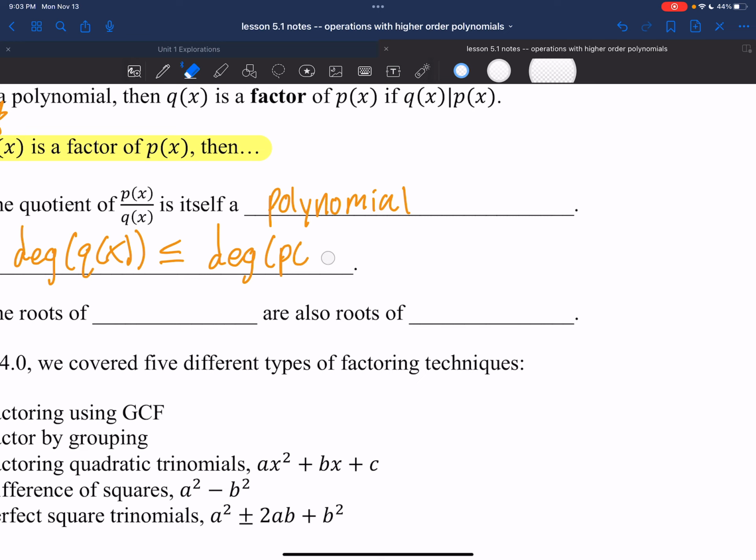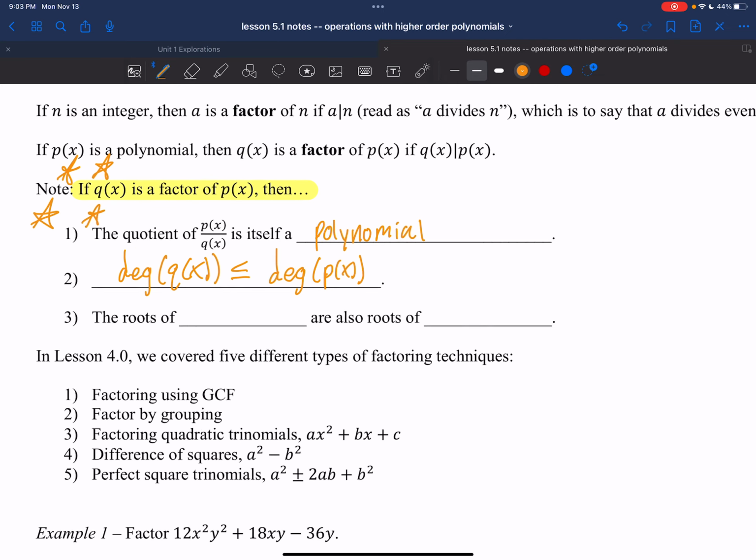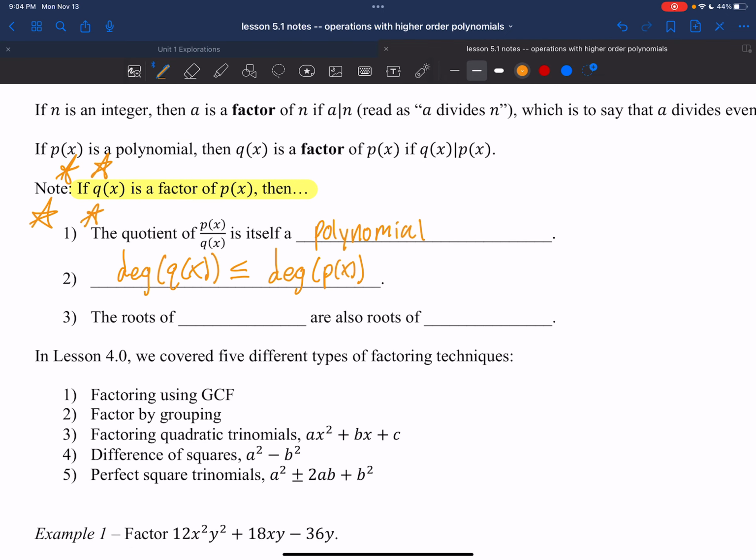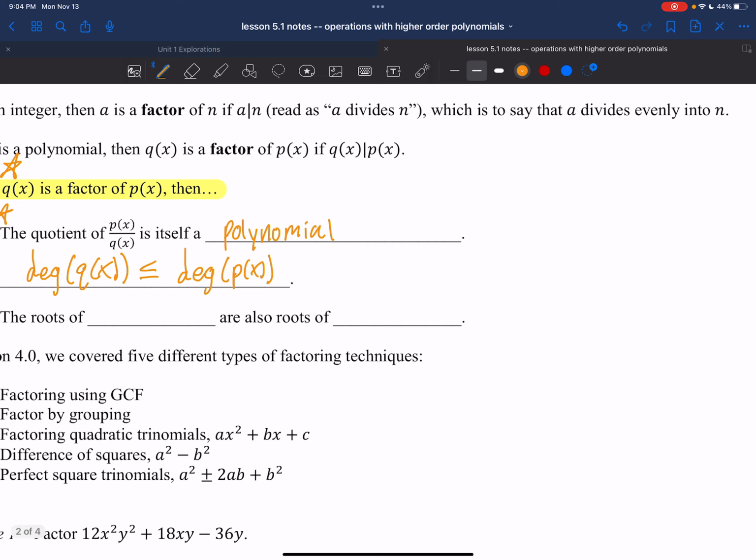And I know that might not make a whole lot of sense just right off, me just saying it. But I think as you work through this unit and you come back to this principle, you'll really see this outlined, right? Here's a super common one. x squared minus 4. You know this factors as x plus 2 times x minus 2, a difference of squares, right?